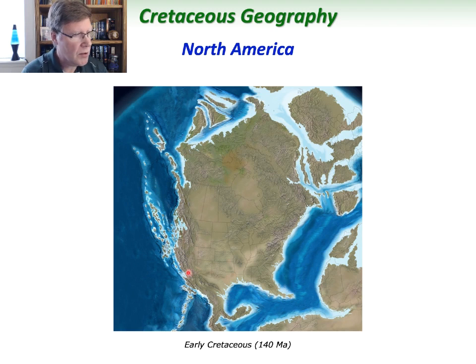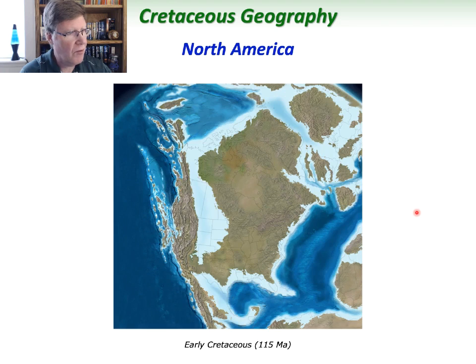The western margin is mountainous. We had the Nevadan orogeny before, and now we're going to get two more during the Cretaceous. So mountainous west, you can see these island arc sequences coming in from the west, colliding with North America. So that's about 140.